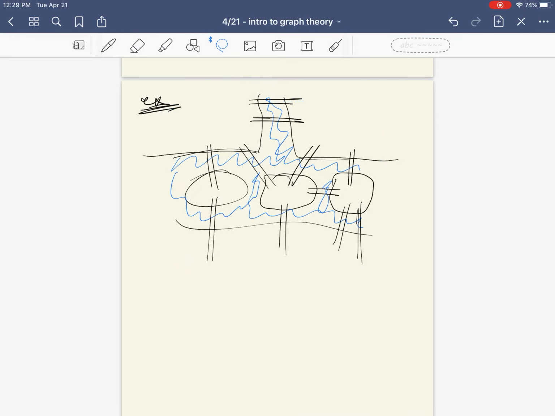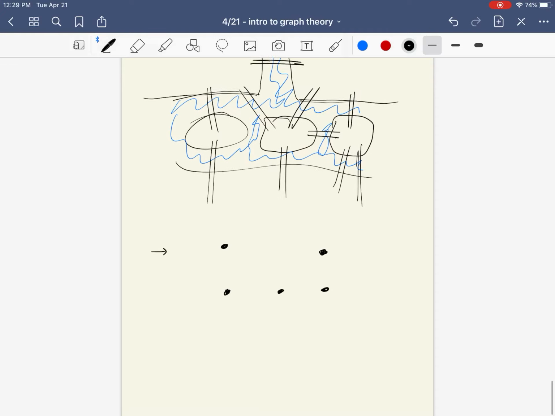So this is going to turn into the graph, which has one landmass in the top left, one landmass in the top right, 3 landmasses in the middle, and 1 at the bottom.